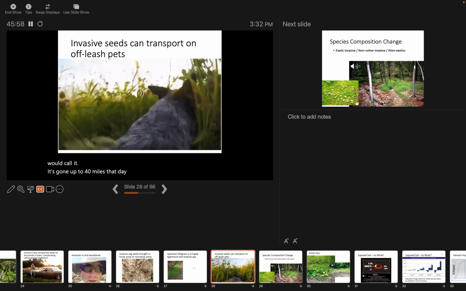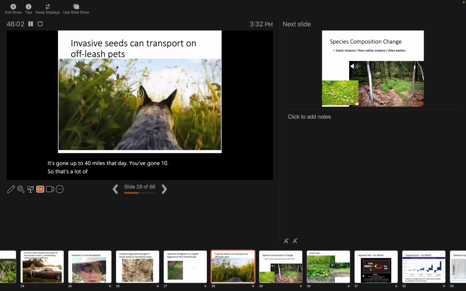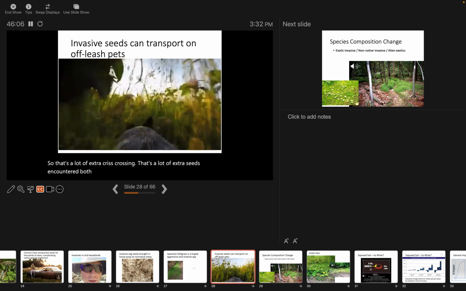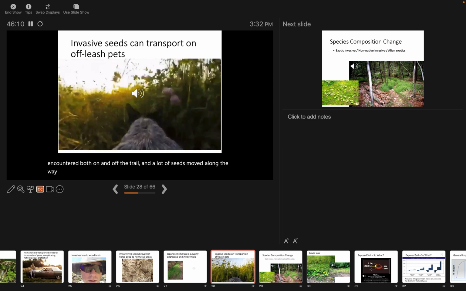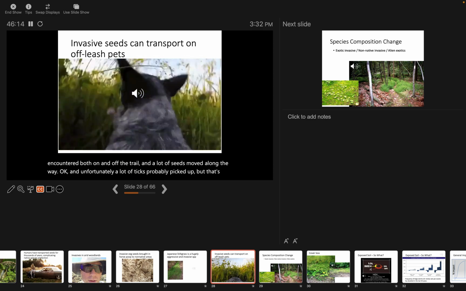You've gone 10. So that's a lot of extra crisscrossing. That's a lot of extra seeds encountered, both on and off the trail, and a lot of seeds moved along the way. Okay? And unfortunately, a lot of ticks probably picked up, but that's another conversation for another day.